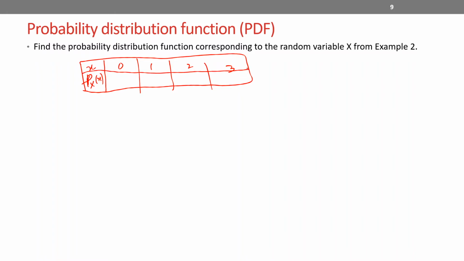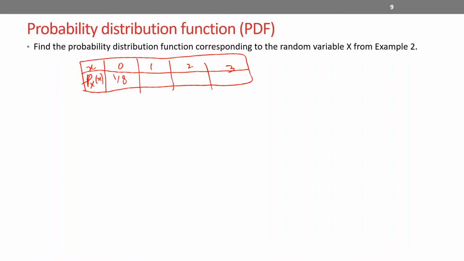Okay, so here we are, right? So for all these values of x, when x is 0, 1, 2, 3, what is the probability value, right? So what is the probability when x is 0? So no heads. We saw that there is just one possible outcome, that is when all tails, right? So we get 1/8.